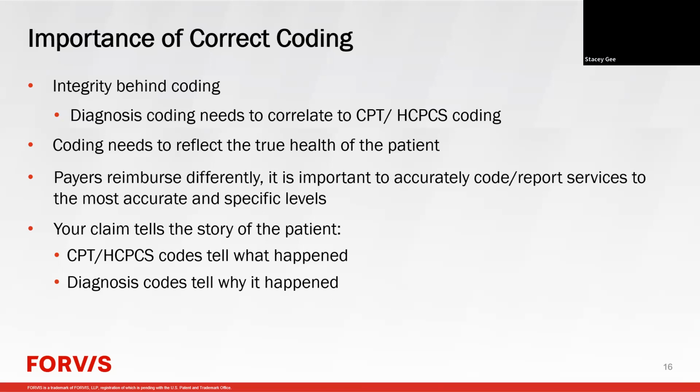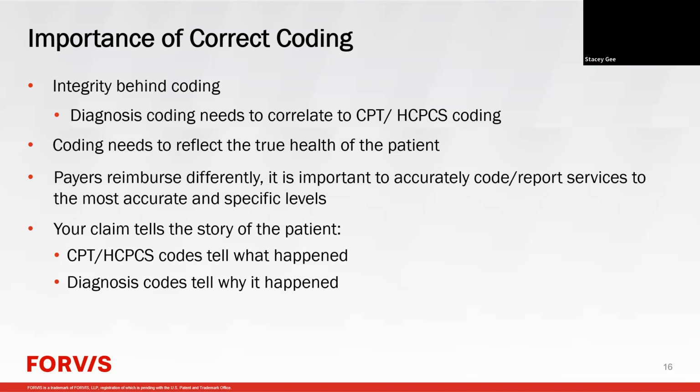And the best example that I can give on this particular issue is, many years ago, I was doing a physical therapy audit, and I was looking through all of their SOAP notes and all of their encounter notes, and was looking at their claims. The patient was coming in 2 or 3 times a week for physical therapy, and the only diagnosis code that they had on that claim was a diagnosis code for a urinary tract infection. And they were getting denied, and they couldn't understand why they were getting denied.